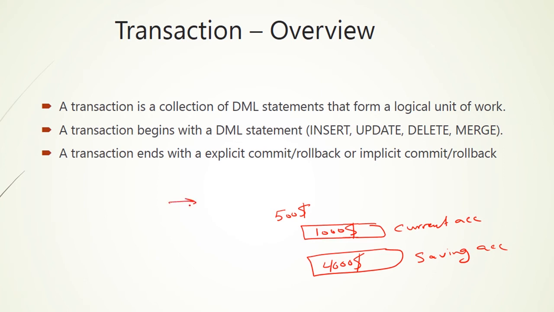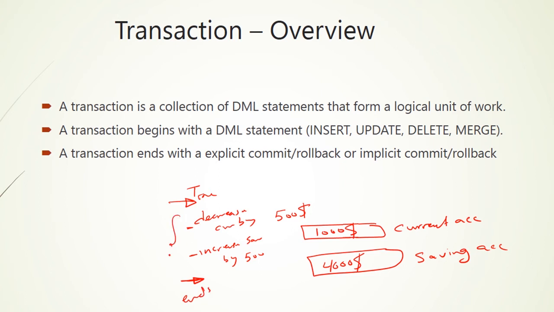In this case, the transaction will start. This is the transaction: decrease the current account by 500 as the first step, and increase the saving account by 500, and end the transaction. So the transaction starts here and ends here.